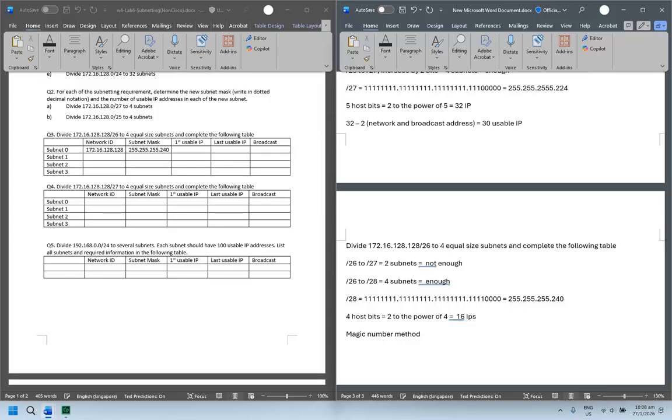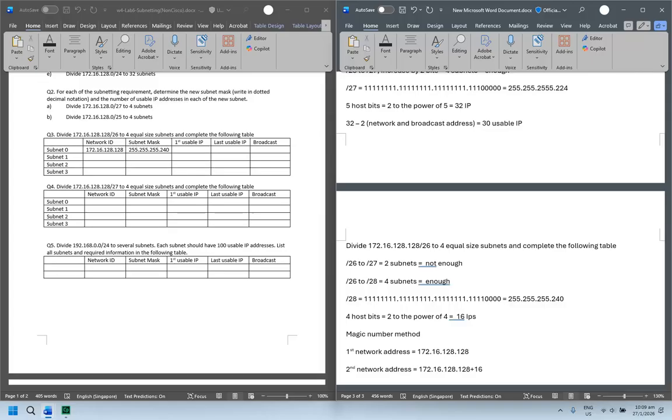So it means that my first network address, as given above, is 172.16.128.128. My second network address will be 172.16.128.128 plus 16, because every subnet has 16 addresses.